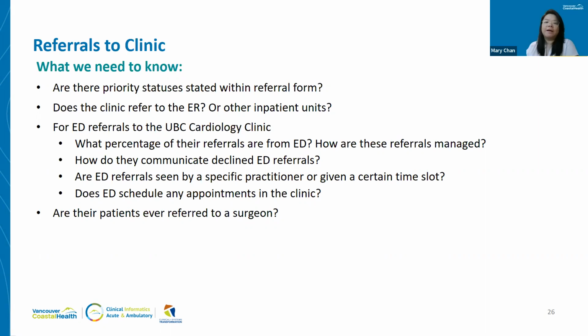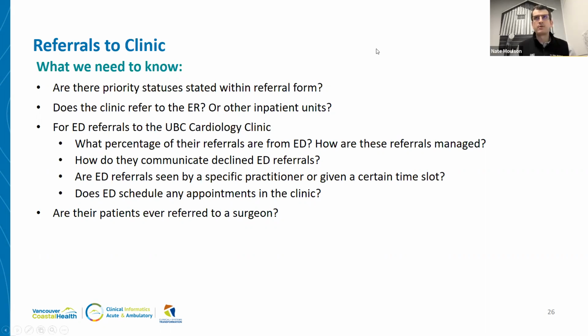Thank you. And for ED referrals to the UBC Cardiology Clinic, about what percentage of the referrals are from the ED, and how are these referrals managed?